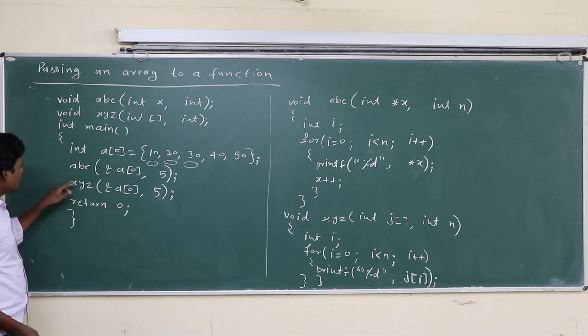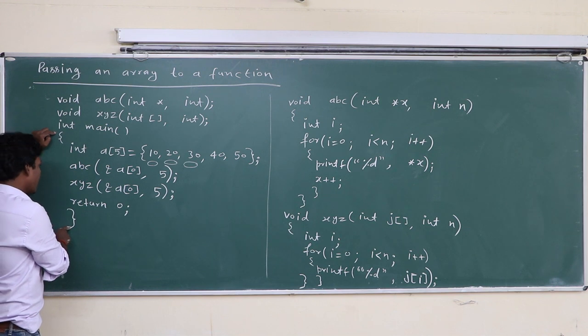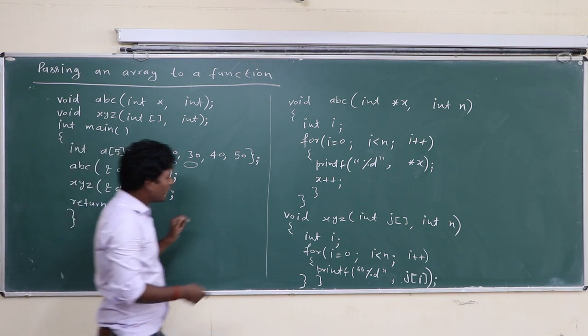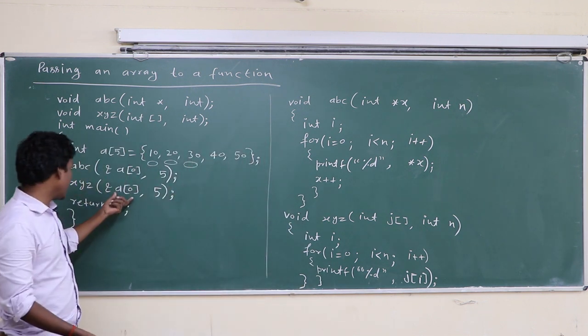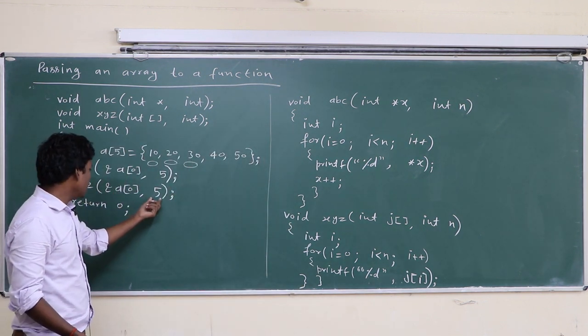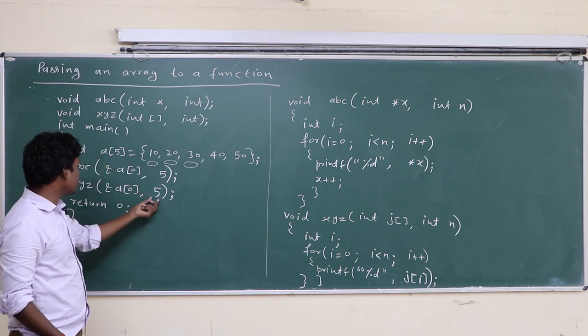Okay, when control comes to the xyz function, the whole main function is temporarily suspended and the xyz function now becomes active. Whatever you supplied here, this is the base address of array A, and this is the value.